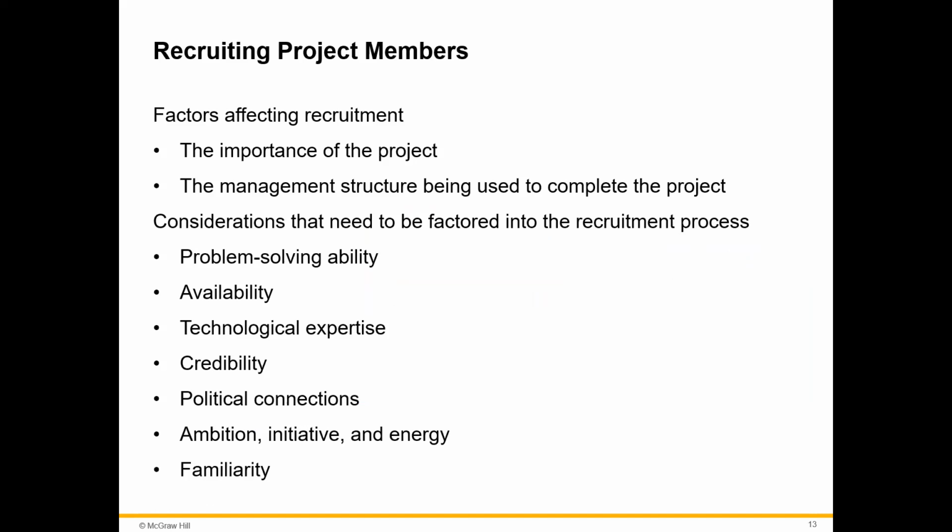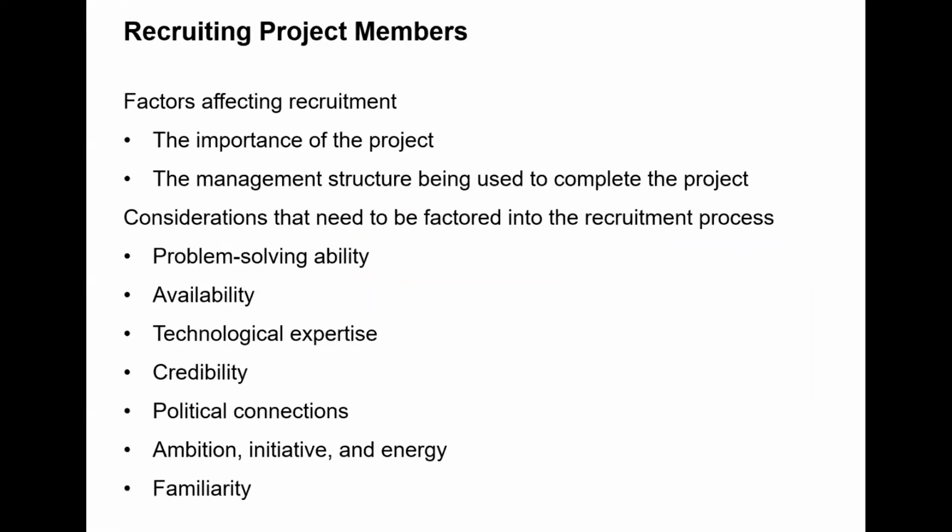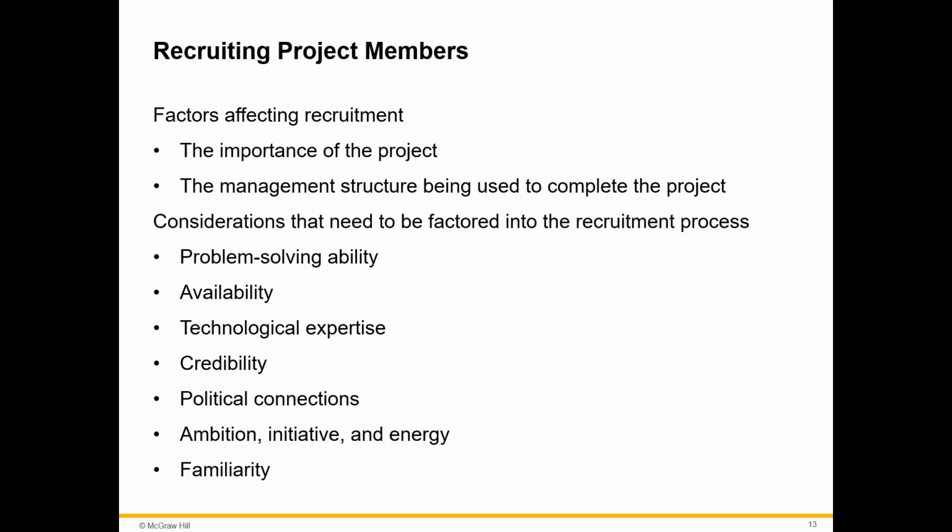You want to take into consideration that there is a need to be factored into the recruitment process. So you want to make sure that there are problem solving abilities, different availabilities of resources, that you have subject matter experts, people who have some technological expertise.